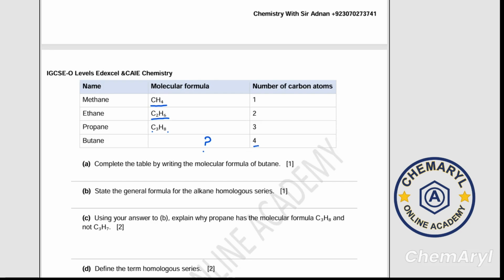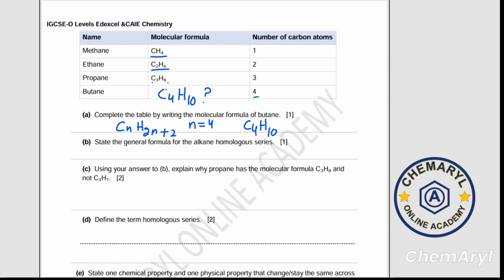According to the general formula CnH2n+2, if you put n equal to 4, you will get the molecular formula C4H10. So the correct molecular formula of butane is C4H10. Got it, dear students?